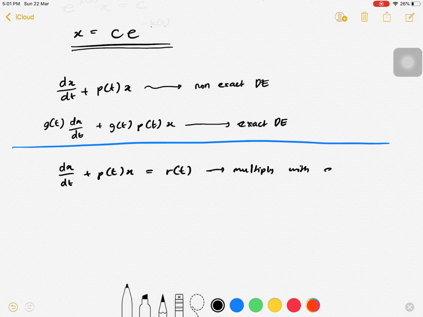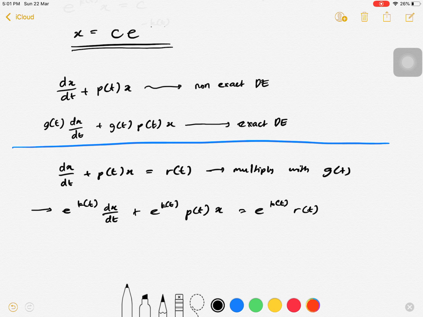Multiply with g(t). So what will happen is e^(kt), remember g is equal to e^(kt), dx/dt plus e^(kt) p(t) x equal to e^(kt) r(t).